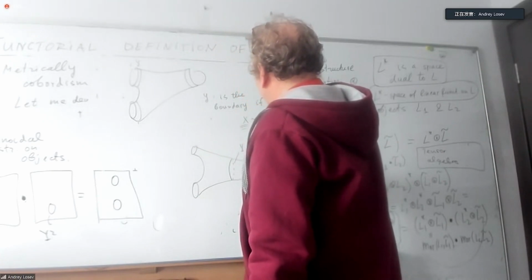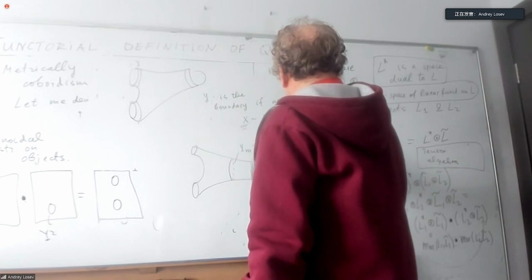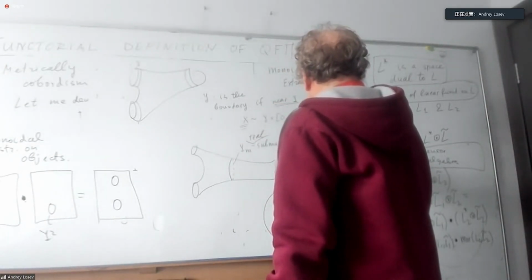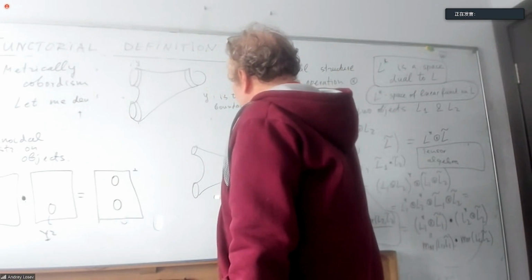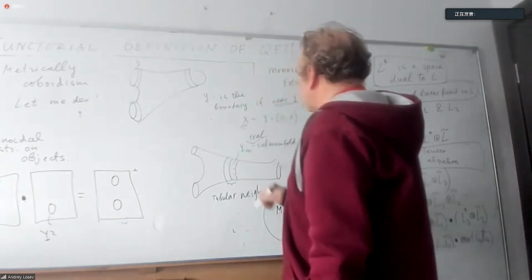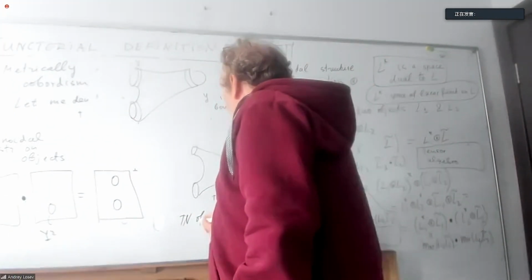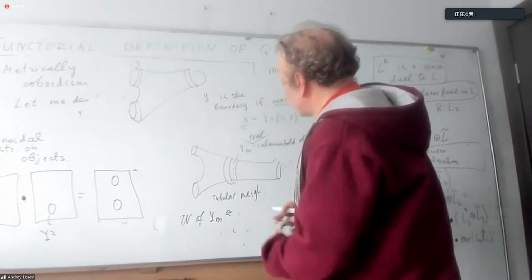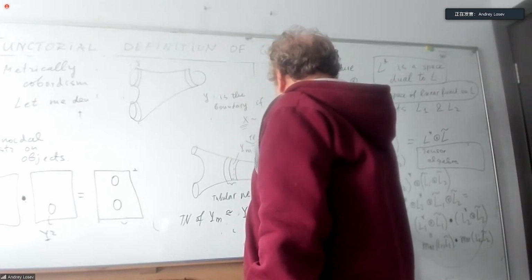Let me take Y middle, a real submanifold of codimension 1. Then I may consider its tubular neighborhood. So the tubular neighborhood of Y middle is, of course, Y middle times the interval minus epsilon, epsilon.